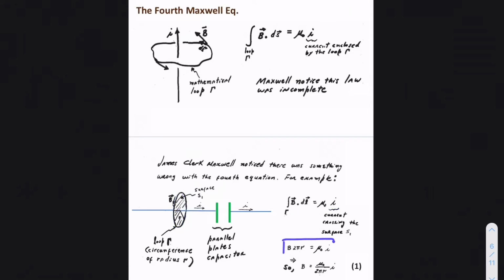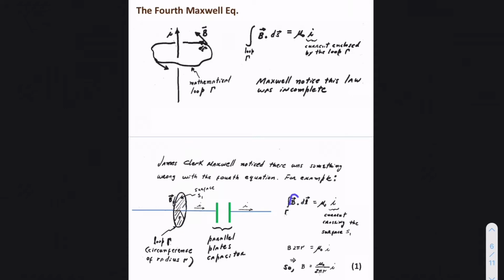we'll get this equation. We can write this down because the direction of B and dl are perpendicular to each other. And for a constant I, the B on this circular loop is constant as the distances are the same.